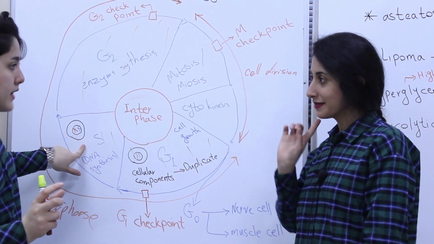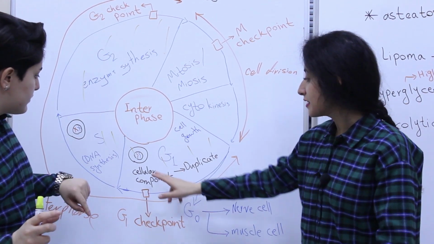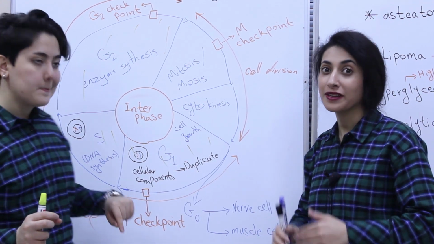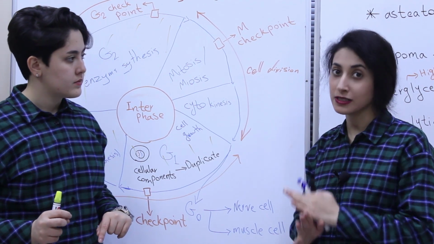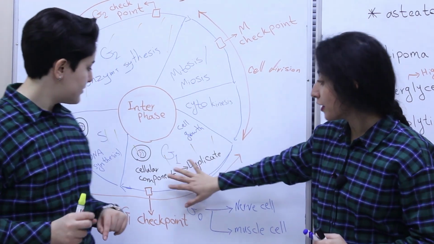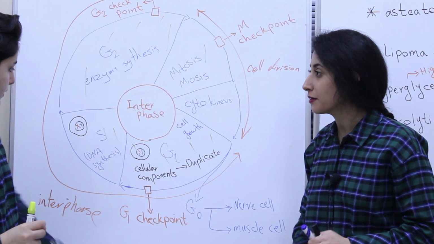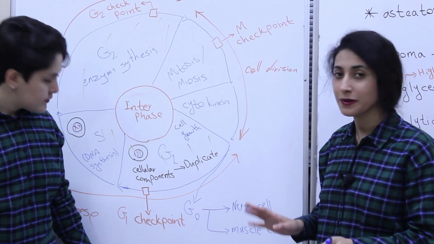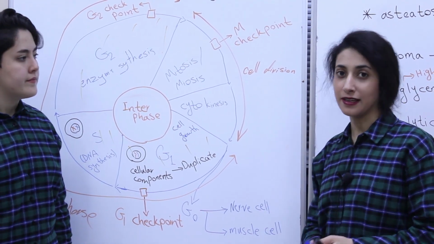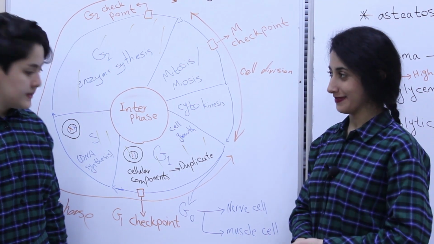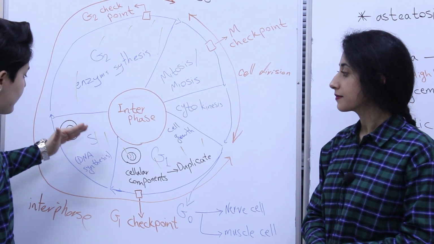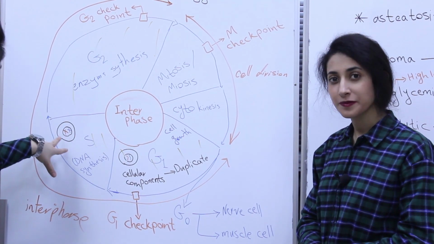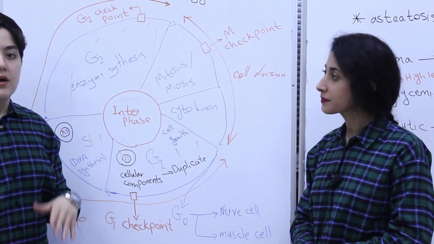In G1, the cellular components also duplicate, but DNA does not duplicate. Other cellular components, for example mitochondria, are duplicated in this phase. Then we have DNA synthesis, which belongs to the S subphase.